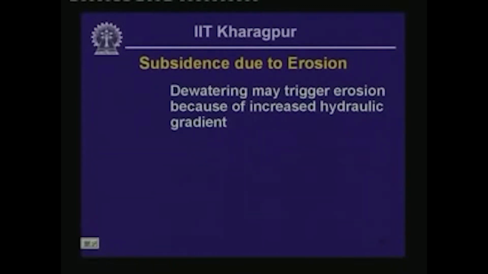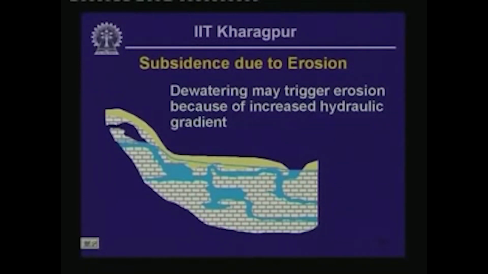So what we consider here is a karst topography involving limestone, and you can see that the limestone is crisscrossed by solution channels. A part of it is empty near the top left corner of this particular sketch, and a part of it is full as indicated by shading using light blue color.